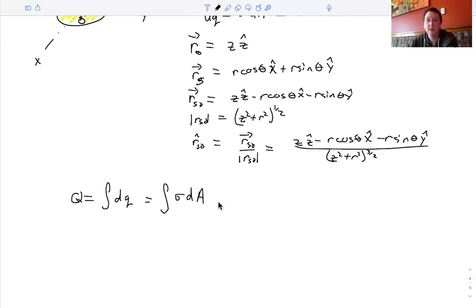Because I'm in polar coordinates, dA is r dr d theta. Now I really should be more careful here. I have two differentials, so I really should have a double integral sign. And for this one, you can do the integrals in any order.